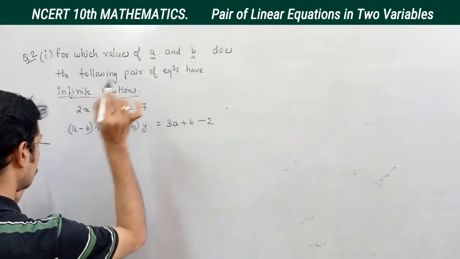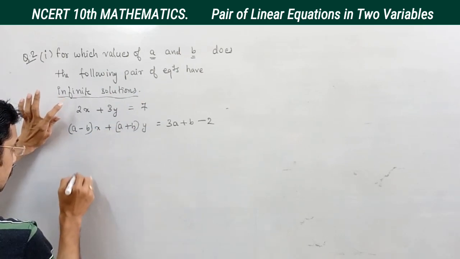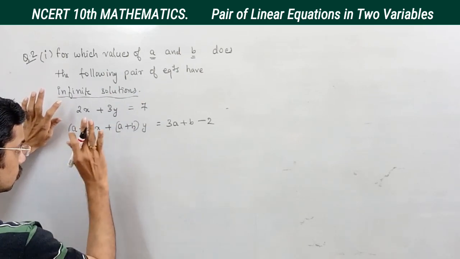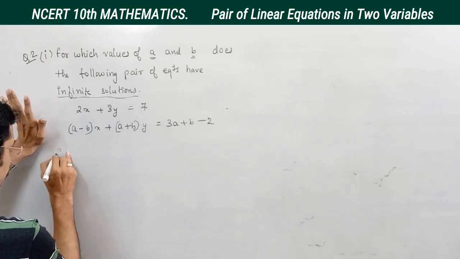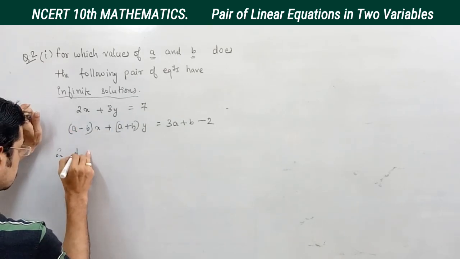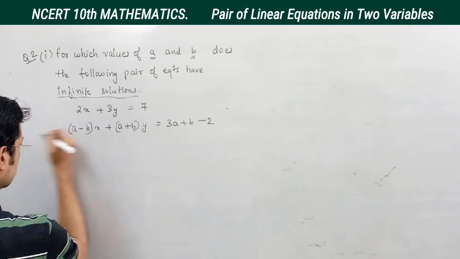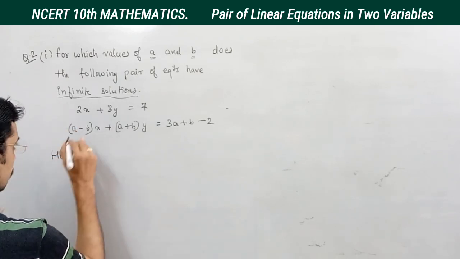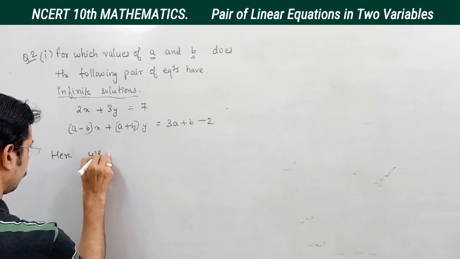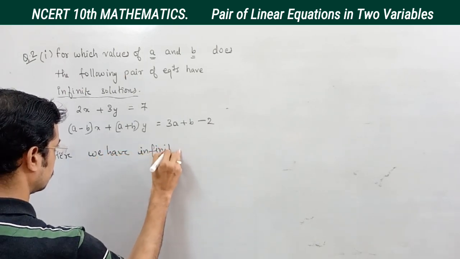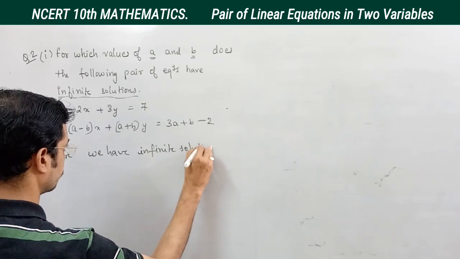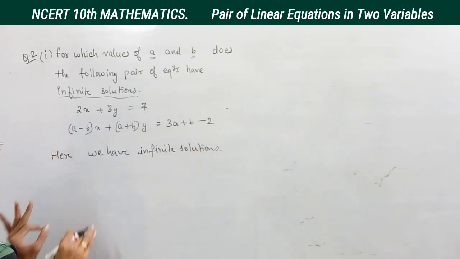It has infinite solutions if a1 by a2 equal to b1 by b2, and that will be equal to c1 by c2.